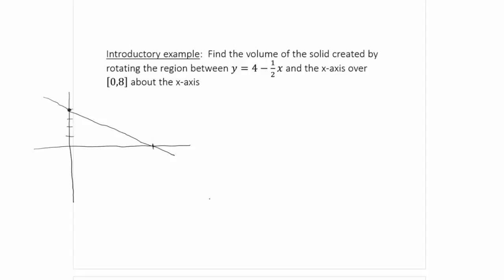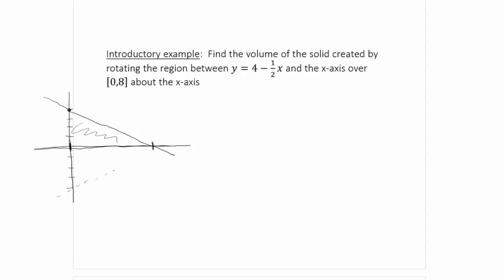rotating the region between that line and the x-axis over 0 to 8. So what I'm talking about is this region right here. And I'm rotating that about the x-axis. Alright, so let me sort of flip that picture over.